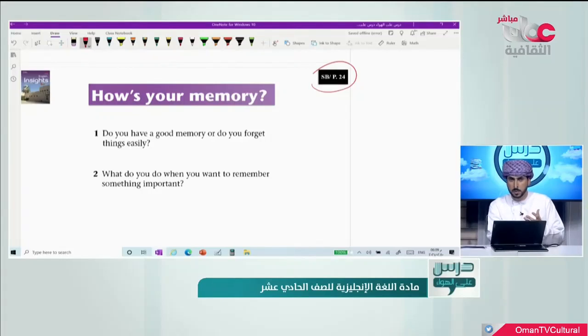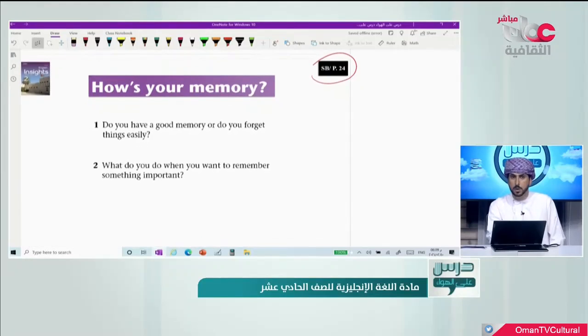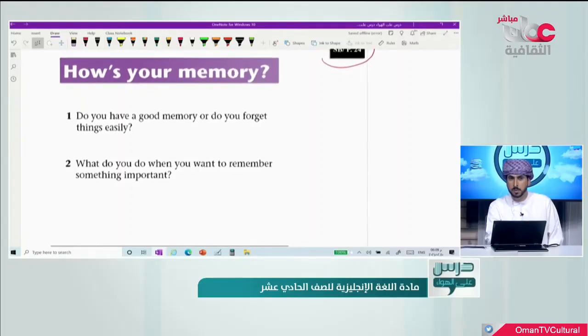Do you remember things easily? Do you remember names? Do you remember the ways to places? Do you remember numbers? Do you remember the things that you have already studied one day before or 1 week before? What do you do when you want to remember something important?